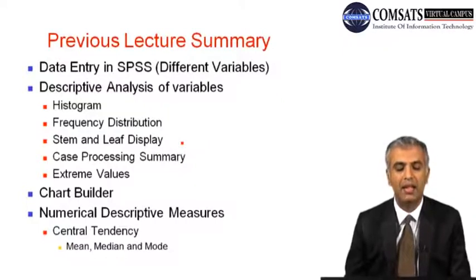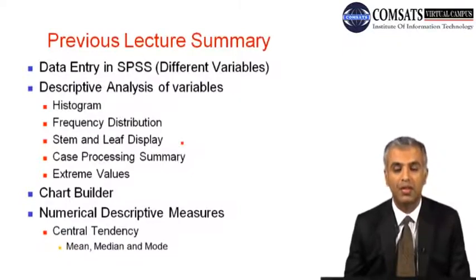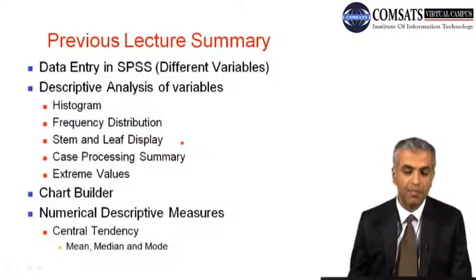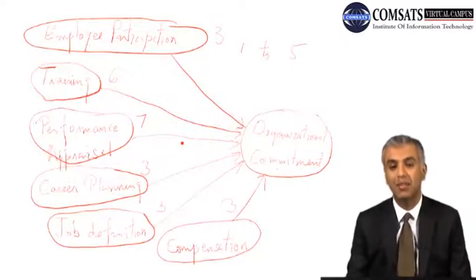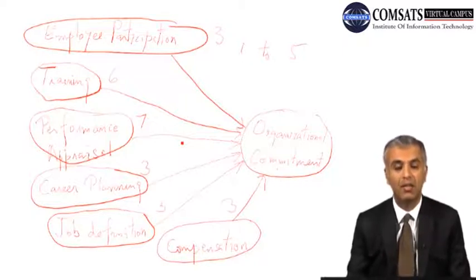we basically had in mind the picture of the model which we discussed, and the model which we used to enter the data in SPSS in the previous slide is displayed.